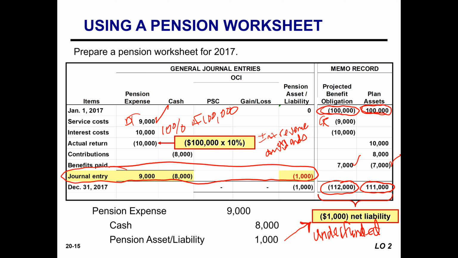So basically what we look at is how we calculate the total service years. So we've got 40 employees that are retiring in 2018. So that's 40 service years. Then remember, we have 20 employees that are retiring in 2019.